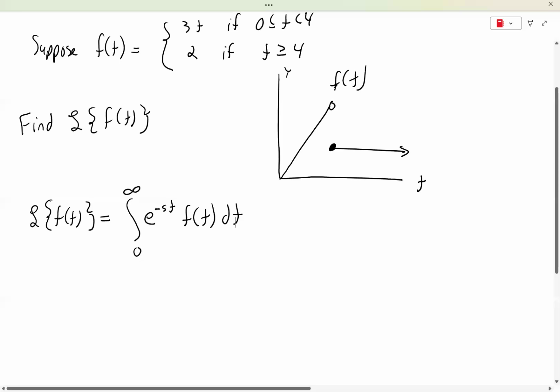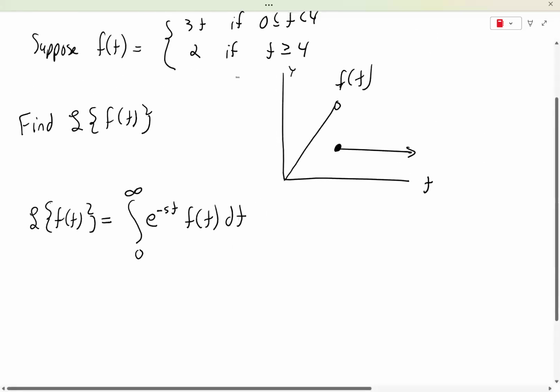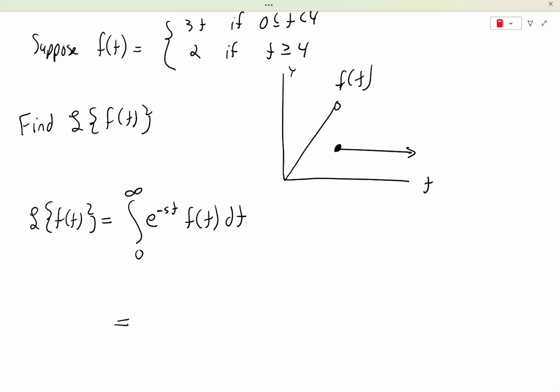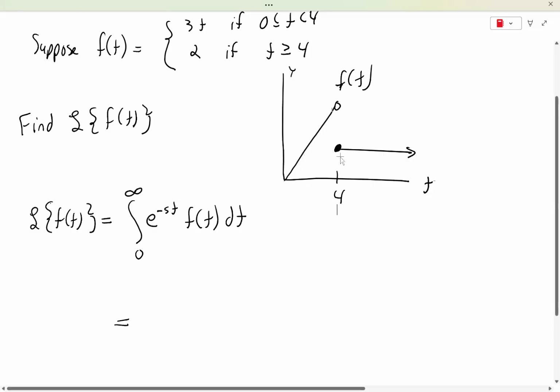If you're looking for the Laplace of a piecewise function, you're integrating with respect to t, from 0 to infinity. It's like finding the area under the curve when you integrate. It switches at 4 here. So you're finding this area between 0 and 4, and then you add it to the area under this curve the rest of the way.